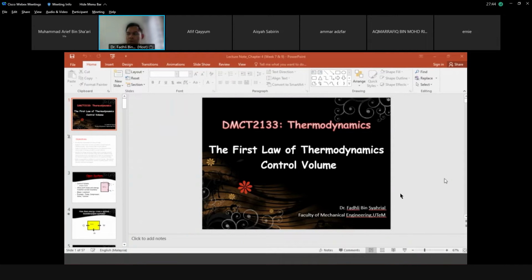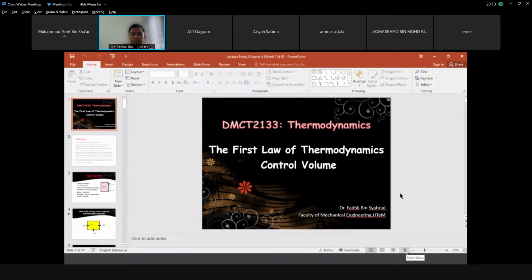In our previous session as well, we have 2 questions related with control volume. So as I said in the tutorial session, we have a lot of equations for control volume compared to open closed system.